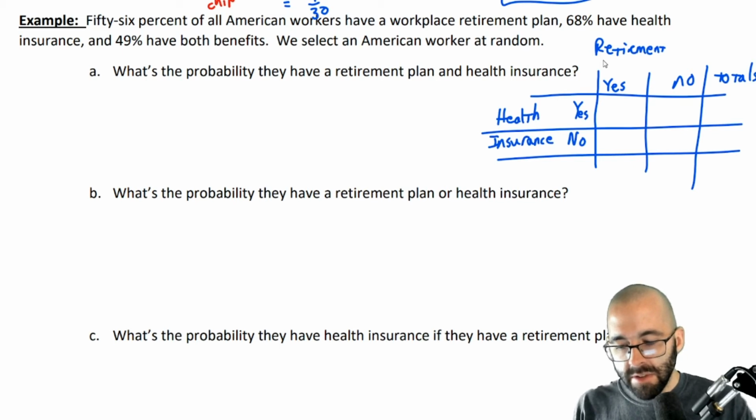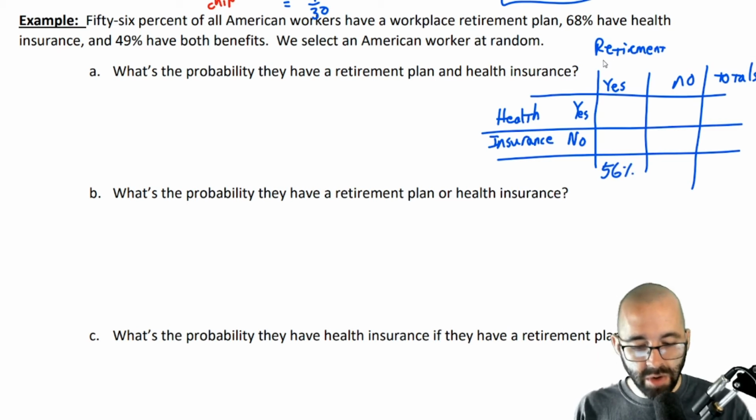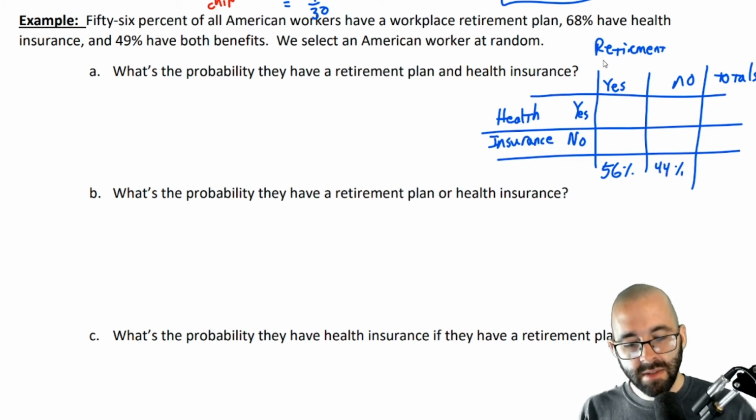So 56% of all American workers have a workplace retirement plan. Okay, so 56% have retirement. So under retirement, the total for yes is 56%, which likewise means that 44% do not have a retirement plan.